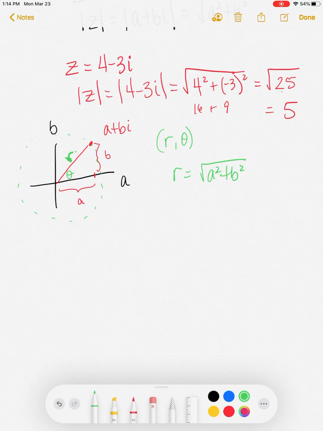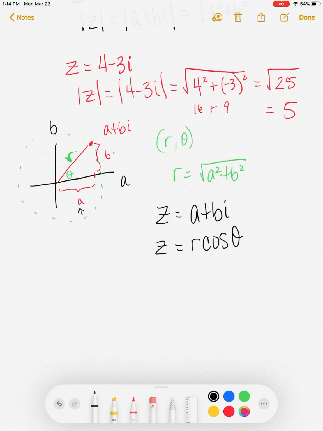All right, so let me switch over. The way that we write the polar form of a complex number, remember we said it was a plus bi. Well, a is equivalent to the x value. Do you remember what we called x from the beginning of this chapter? We said x is the equivalent of r cosine of theta, right?